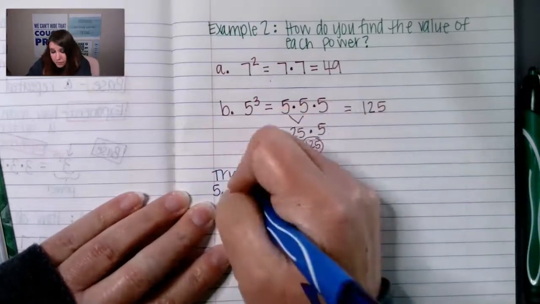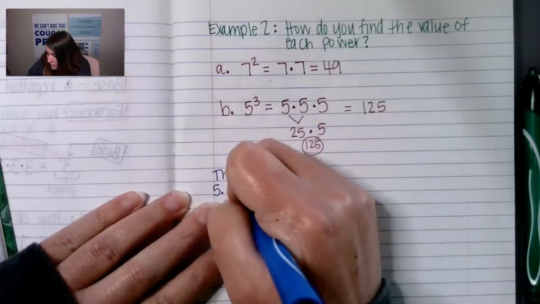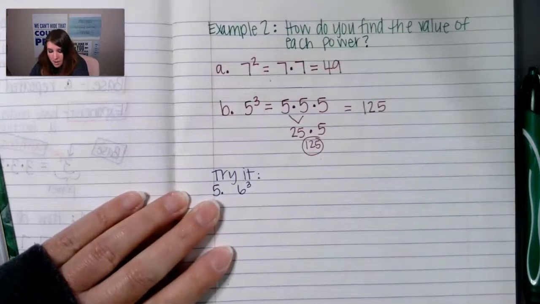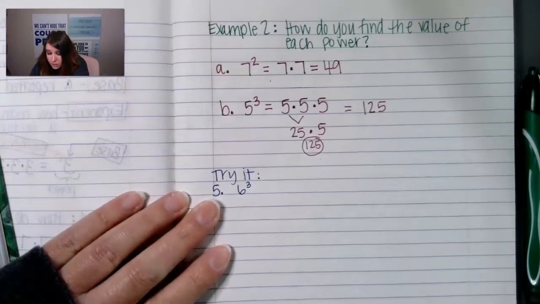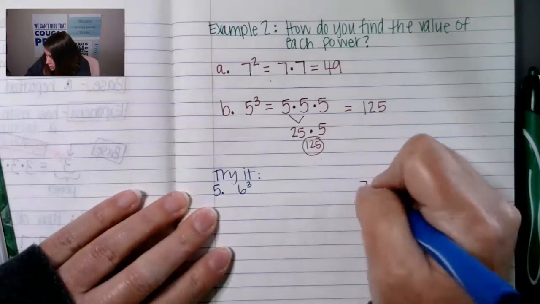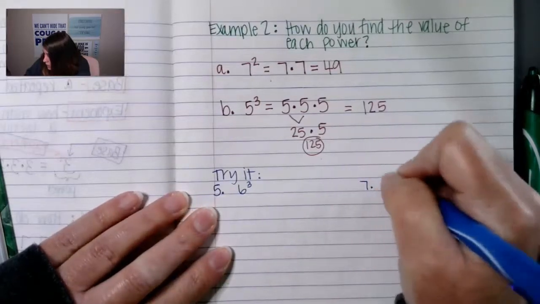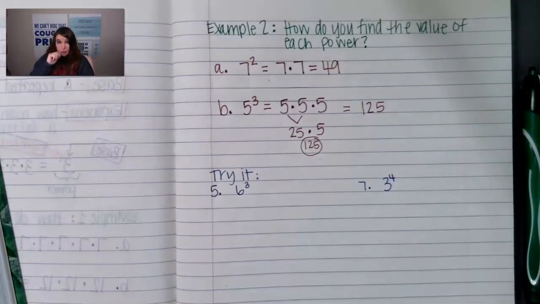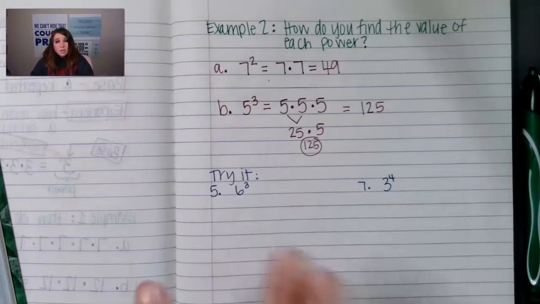Try-it number 5 says 6 to the power of 3. And then the next one I want you to do is try-it number 7, which says 3 to the power of 4. So we're going to find the value of both of those numbers. Go ahead and hit pause right now so that you can work on both of those, and that way you don't get the answer until you're ready, because I'm going to solve them right now.